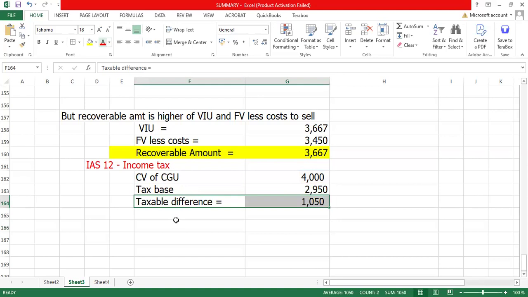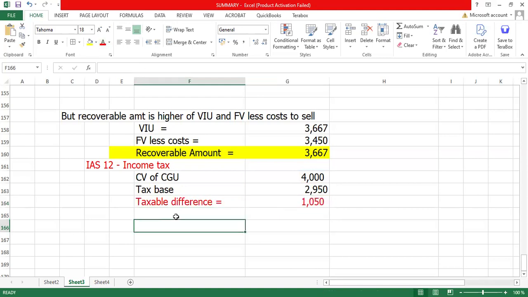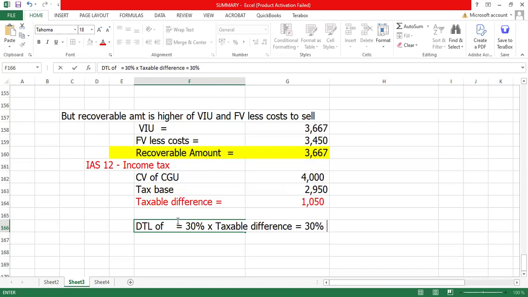And the taxable difference results into a deferred tax liability, not asset. So you will have a deferred tax liability of the tax rate, which is 30%, times the taxable difference, which is 30% times 1050 million.